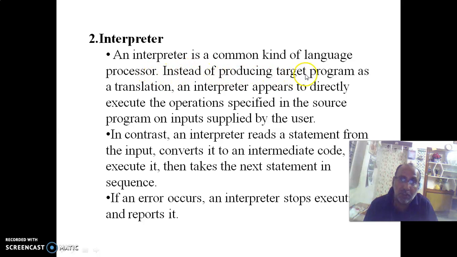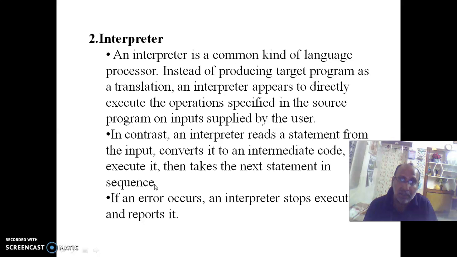An interpreter is a common kind of language processor. Instead of producing the target program as a translation, an interpreter appears to directly execute operations specified in the source program on input supplied by the user. An interpreter reads a statement from the input, converts it to an intermediate code, executes it, then takes the next statement in the sequence.